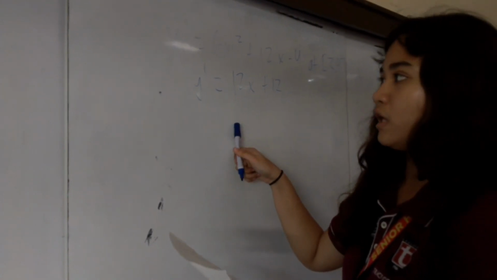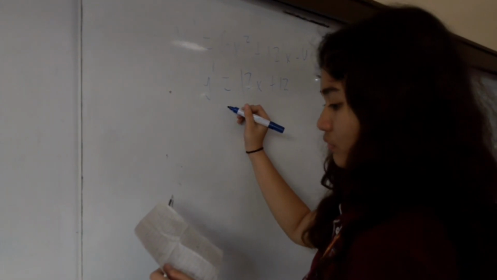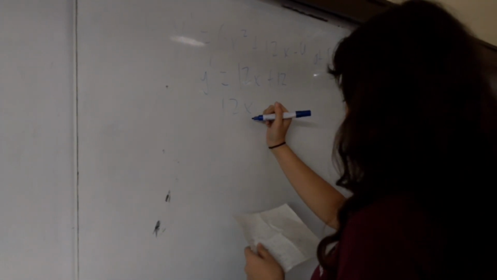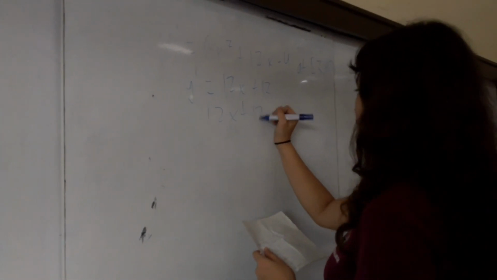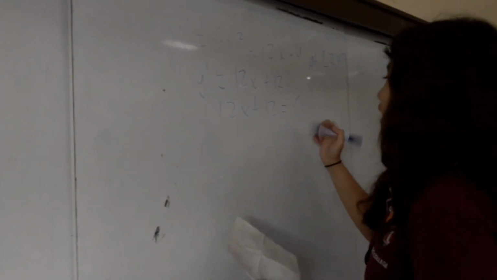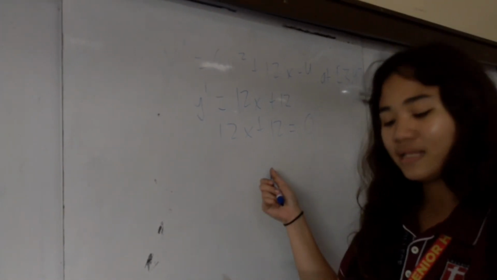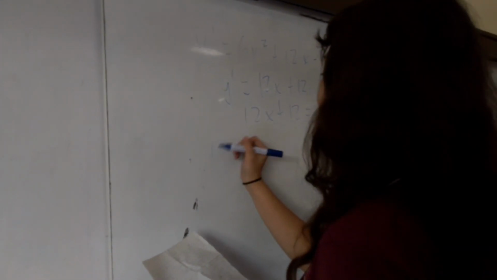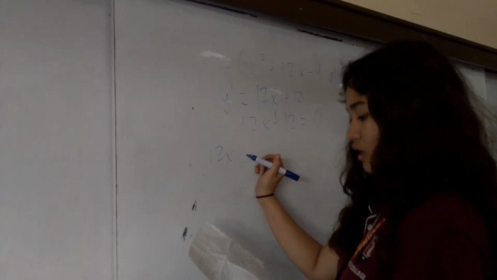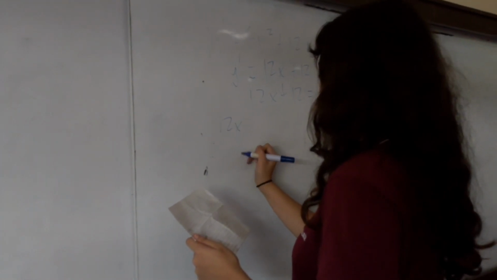After we get its derivative, we equate it to 0. We have 12x plus 12 is equal to 0. After we equate it to 0, we transpose the positive 12 to the right side. So we have 12x is equal to negative 12.